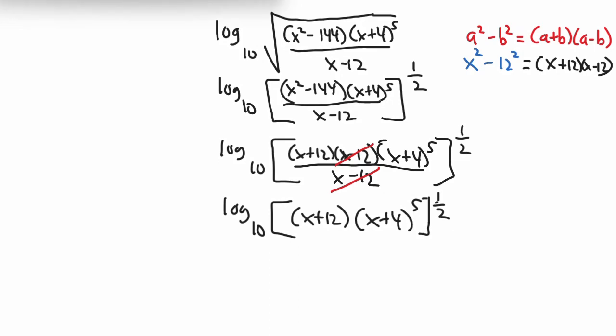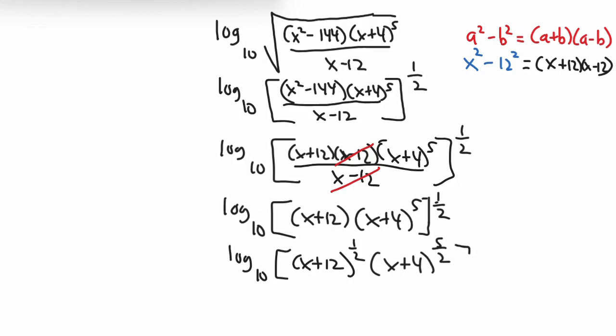Next, let's multiply that 1/2 through the brackets. So you're going to go 1/2 times 1, that's going to be 1/2, and then 1/2 times 5 will be 5/2. Right, so log base 10 of x plus 12 to the 1/2 power times x plus 4 to the 5/2 power.